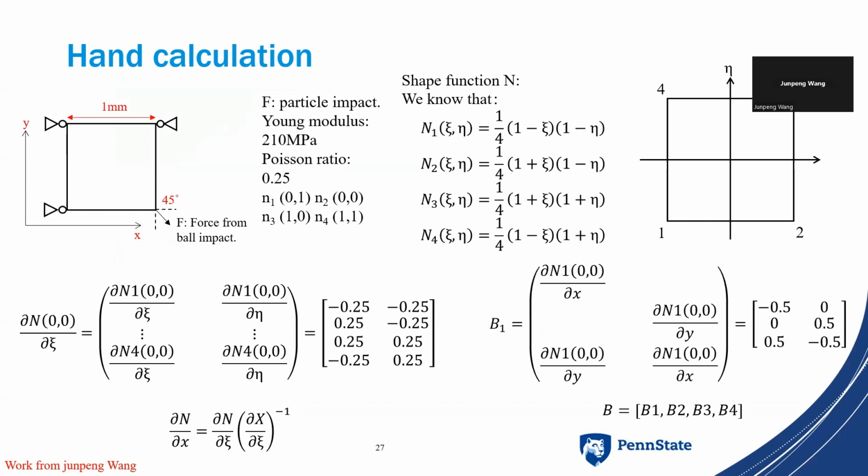First, let me give some material properties of this question: Young's modulus, Poisson's ratio, and some very simple coordinates of the 4 points of this unit. We not only need to calculate the nodal force, we also need to know the stiffness matrix to calculate the force and the displacement of these 4 nodes.